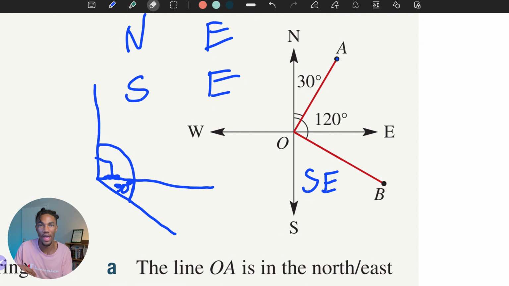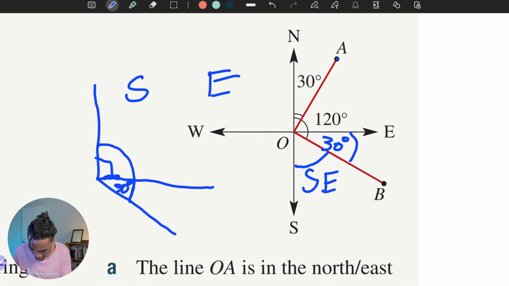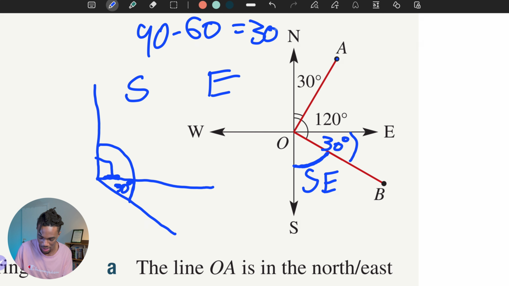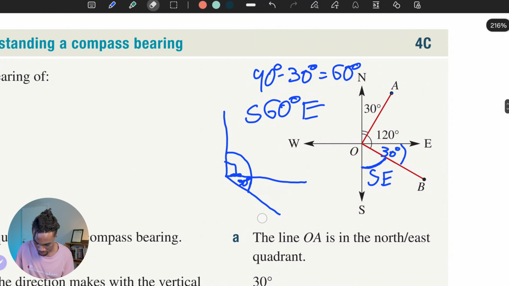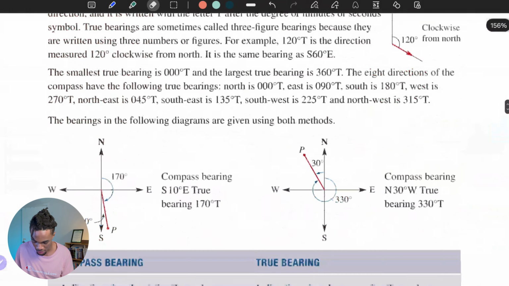It's how far away from north or south it is. If this is 30 degrees here, we're calculating how far this 30 degrees is from south. 90 minus 30 is equal to 60 degrees. So it's 60 degrees away from south, so it's going to be south 60 degrees east. Just like that. All right, let's get on to another question.